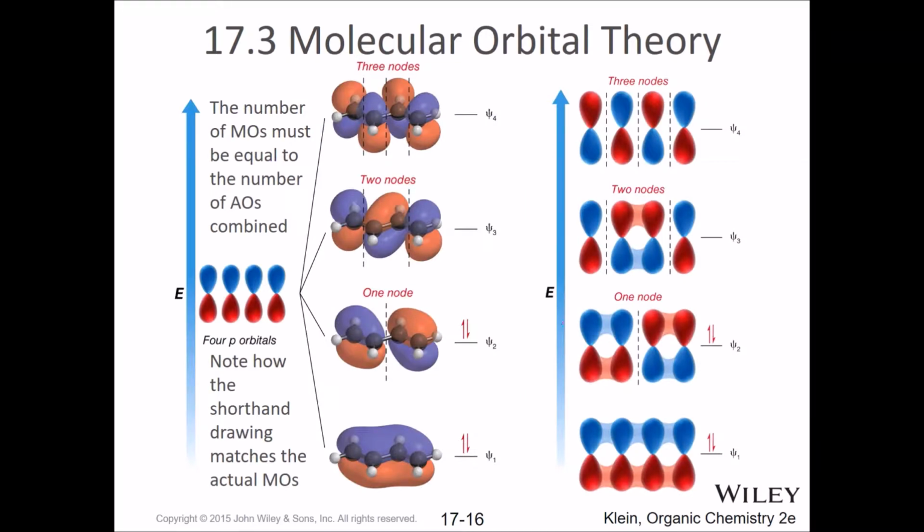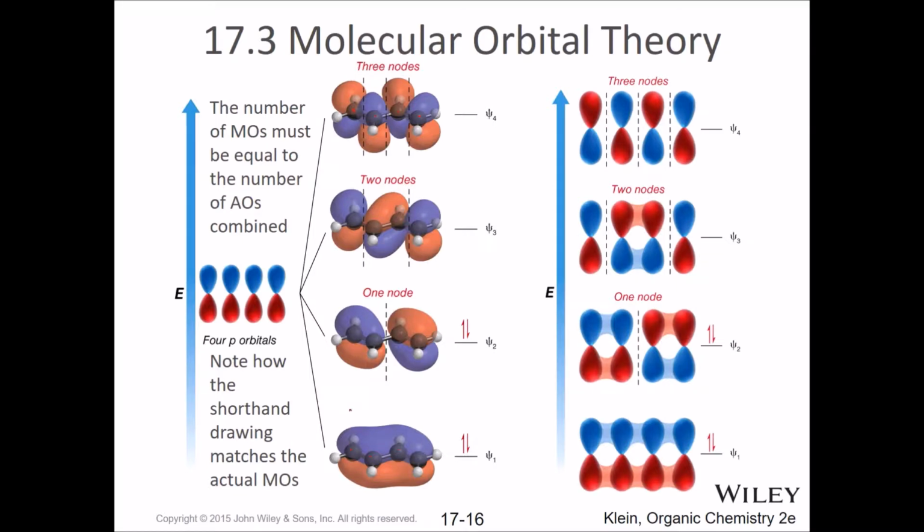All right, so if we take butadiene, we've got 4 carbon atoms: 1, 2, 3, 4. And these are all trigonal planar. They're all flat.